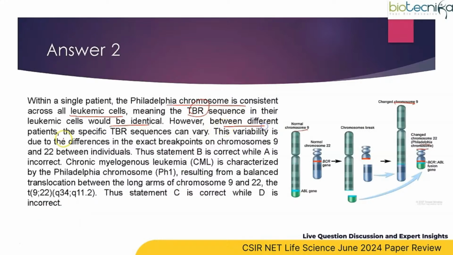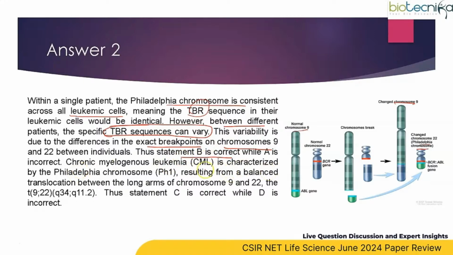However, between different patients, the specific TBR sequence can vary. This variability is due to differences in exact breakpoints. Wherever the exact breakpoint occurs on chromosome 9 and 22, depending on that, it might vary. So statement B is correct while A is incorrect.